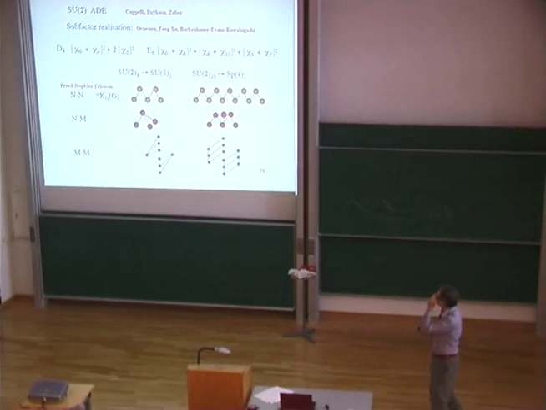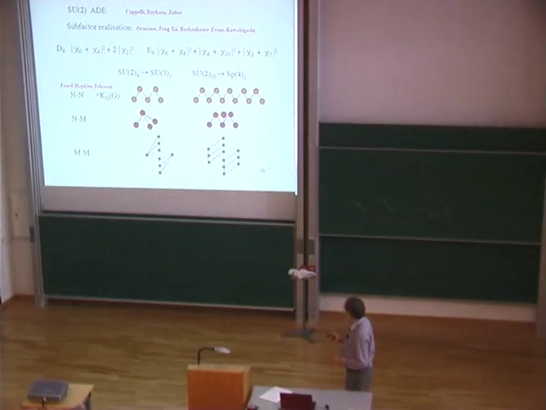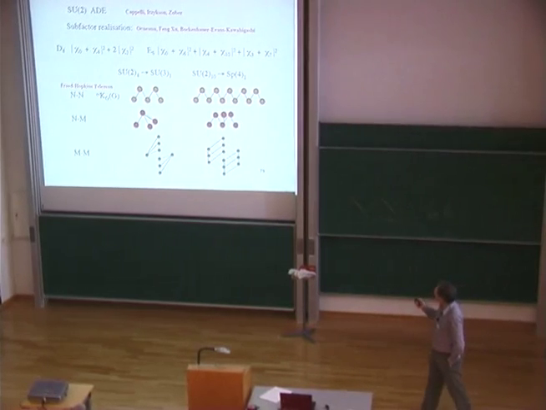To finish in a reasonable amount of time, I'll jump to this work with Terry Gannon. So I've said that in the finite group case, it's very easy to understand modular invariance through K-theory.